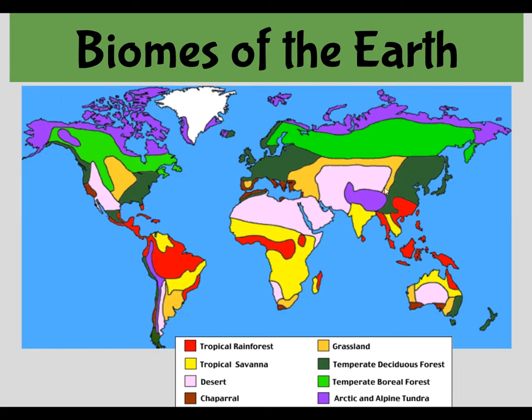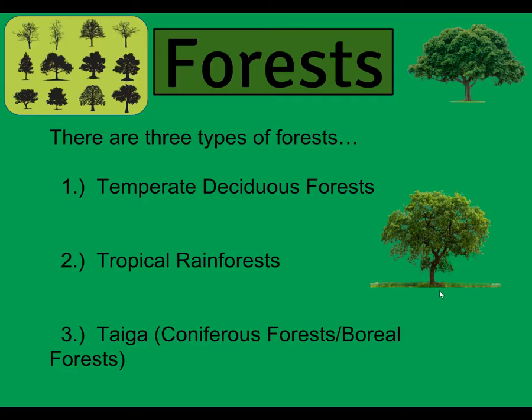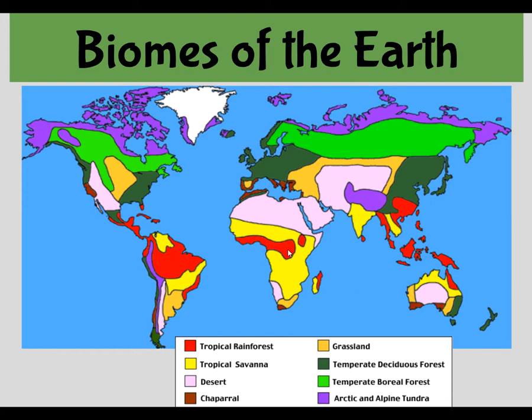But you have forest, grassland, desert. Forest, grassland, desert. Forest, straight to desert, so that's an exception.